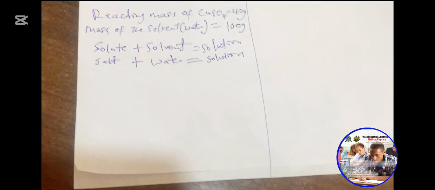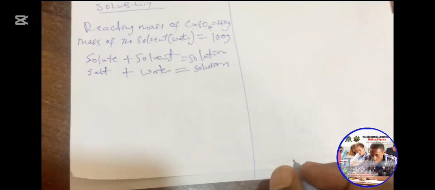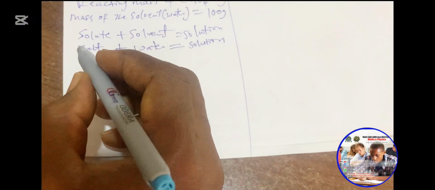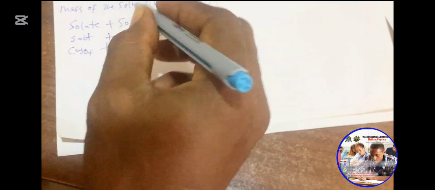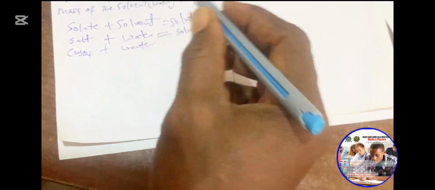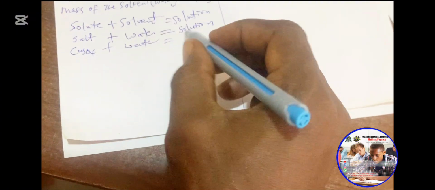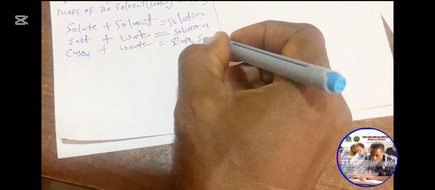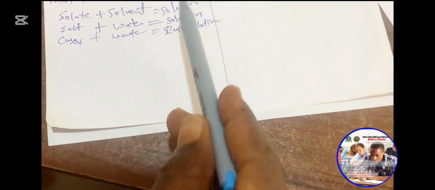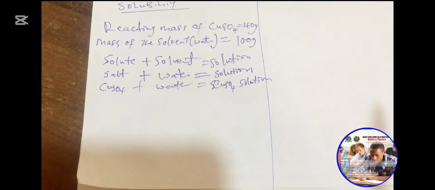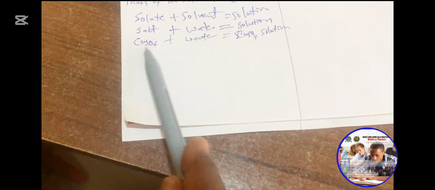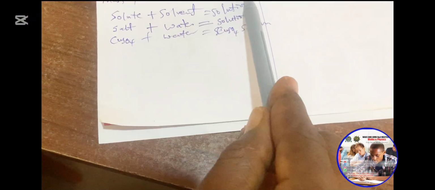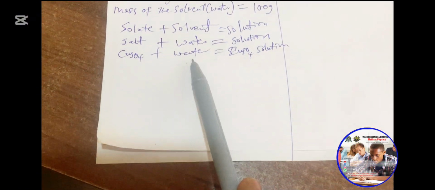So from our question, the solute is copper sulfite, and the solvent is water. When you dissolve, you get copper sulfite solution. The mass here is the 40 gram, which is the reacting mass of the solute that dissolves in 100 gram of water.